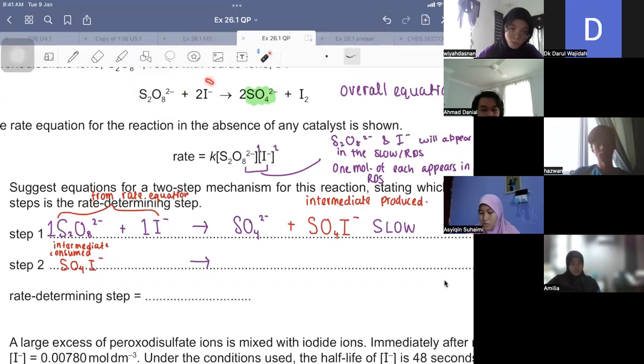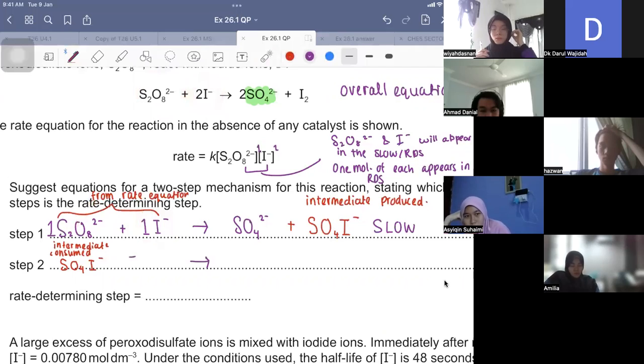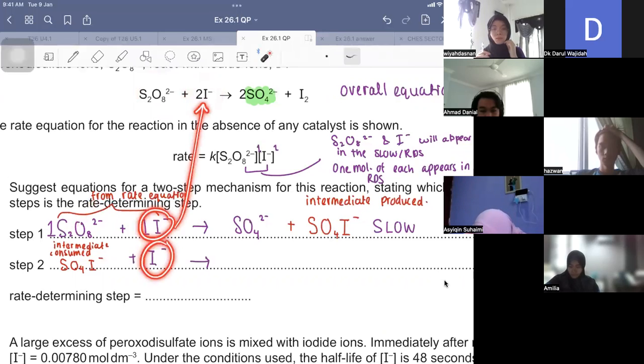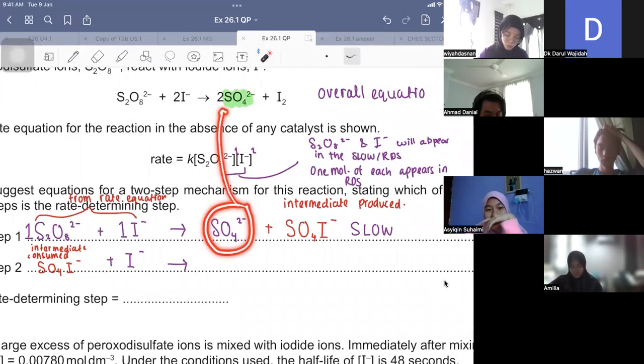We've got 2 iodide ions, but only 1 iodide ion so far in step 1. So we need another iodide ion so that they add up to 2 moles. Next, products. We have only got 1 sulfate so far. We want 2 moles or 2 molecules.